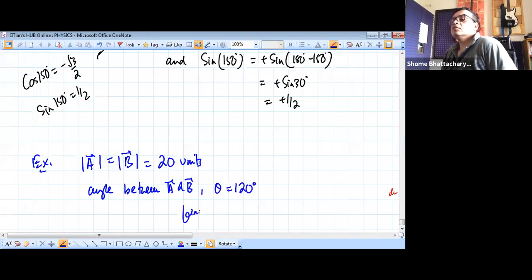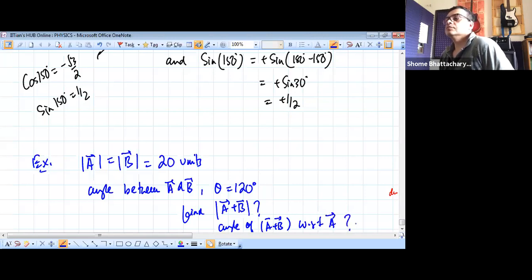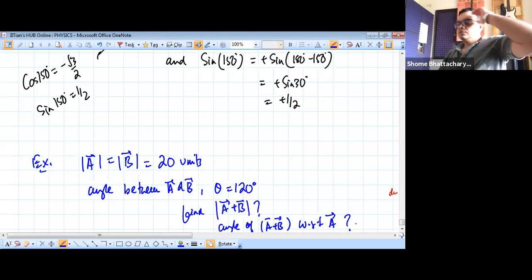So find magnitude of A plus B and the angle of the vector A plus B with respect to the vector A. Just work this out quickly, people.